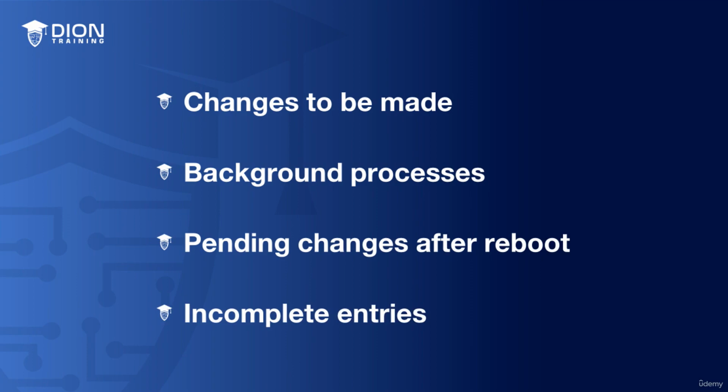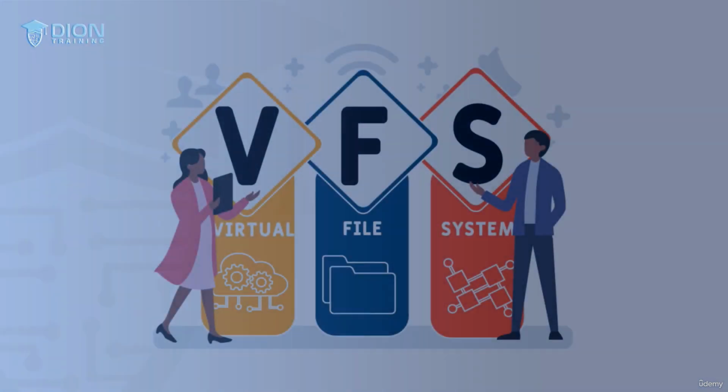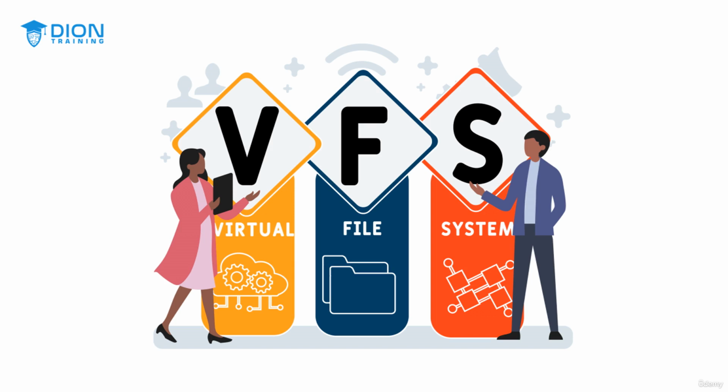Another type of file system you need to be aware of is known as a virtual file system, or VFS. Now, a virtual file system is created as a common software interface that sits between the kernel and the real file system. In effect, the VFS is going to translate a real file system's details over to the kernel. That way, the file system appears to be identical to any other file system.